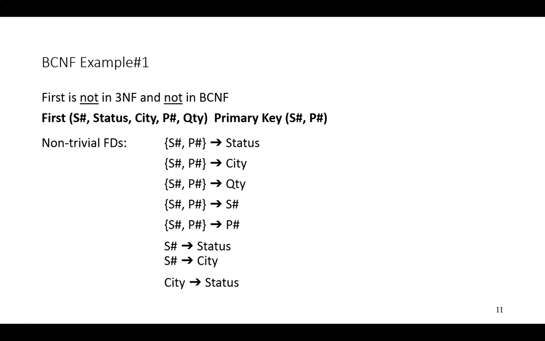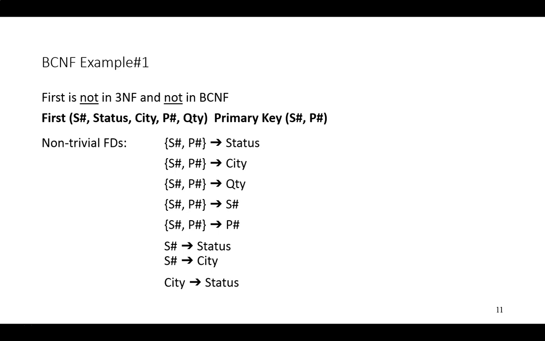We're told that the primary key has been designated as S number and P number, a composite primary key. The functional dependencies are given here, showing that the combination of S number and P number functionally determine status, city, quantity, S number, and P number, all of the attributes. This is what qualifies as the primary key.